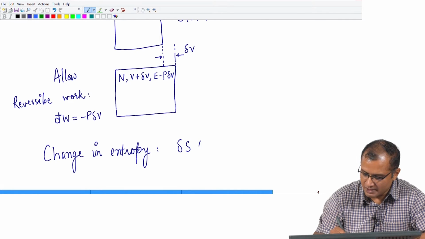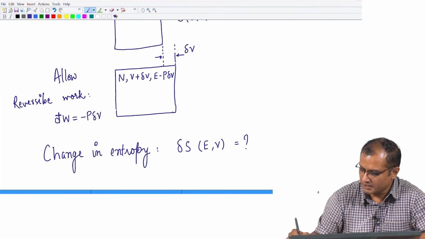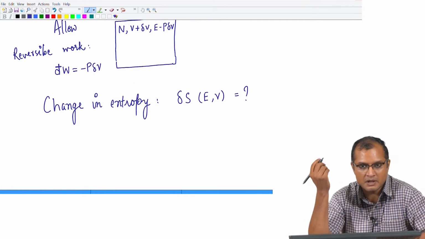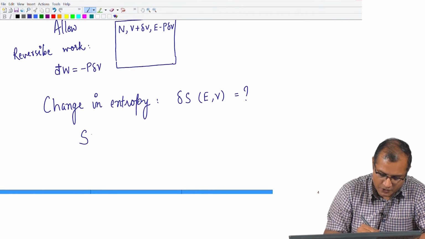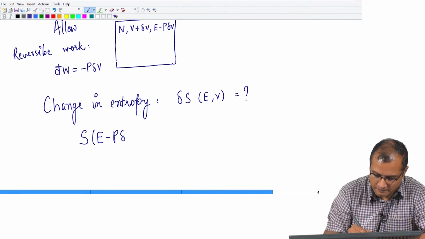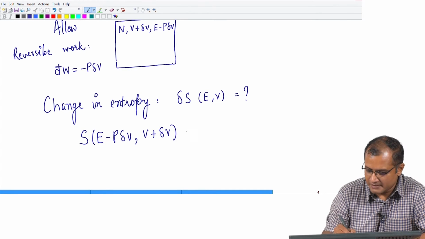But I want to know what is this delta S, a function of E and V. We can compute this by a simple first order Taylor expansion. So, we can compute the final entropy by a simple Taylor expansion.